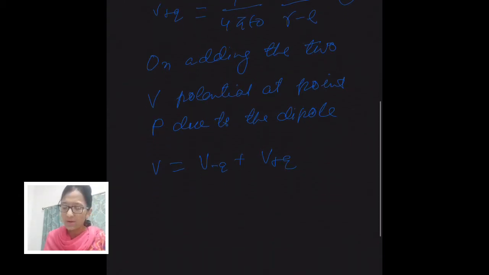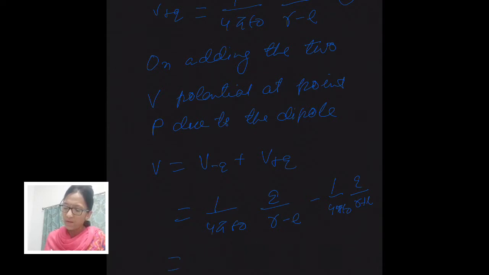Potential is a scalar quantity, so it is equal to 1 upon 4 pi epsilon naught q upon r minus L, minus 1 upon 4 pi epsilon naught q upon r plus L.